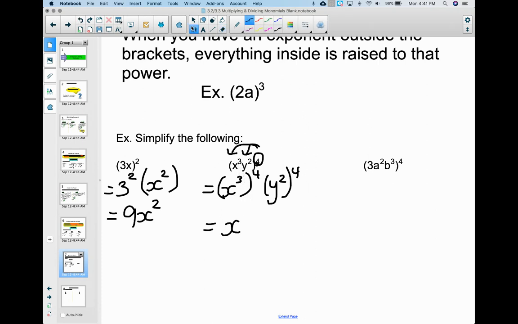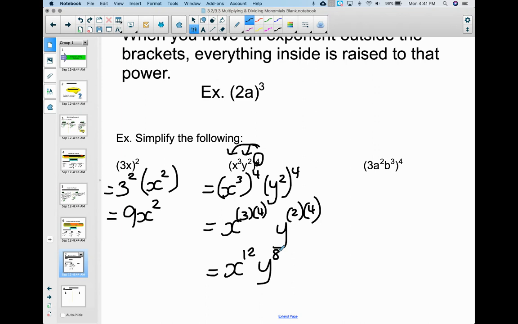So x, 3 times 4, and y, 2 times 4. And our final product is x to the power of 12 and y to the power of 8.